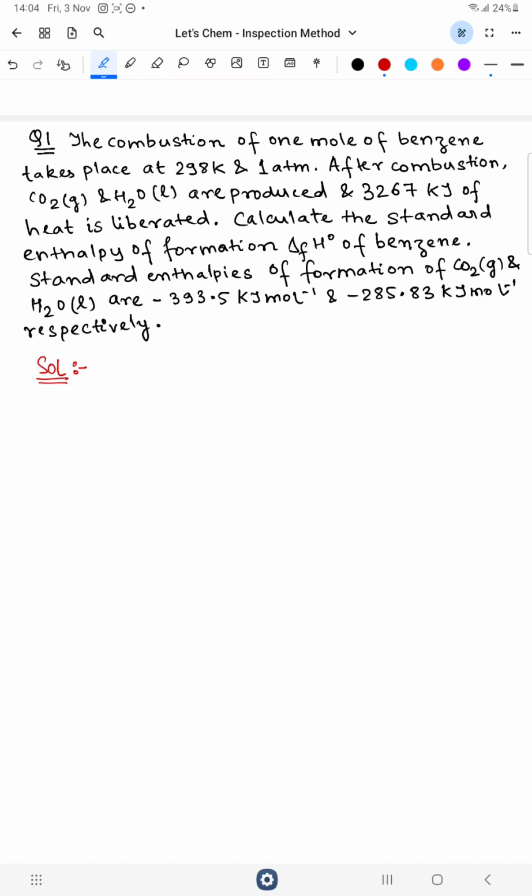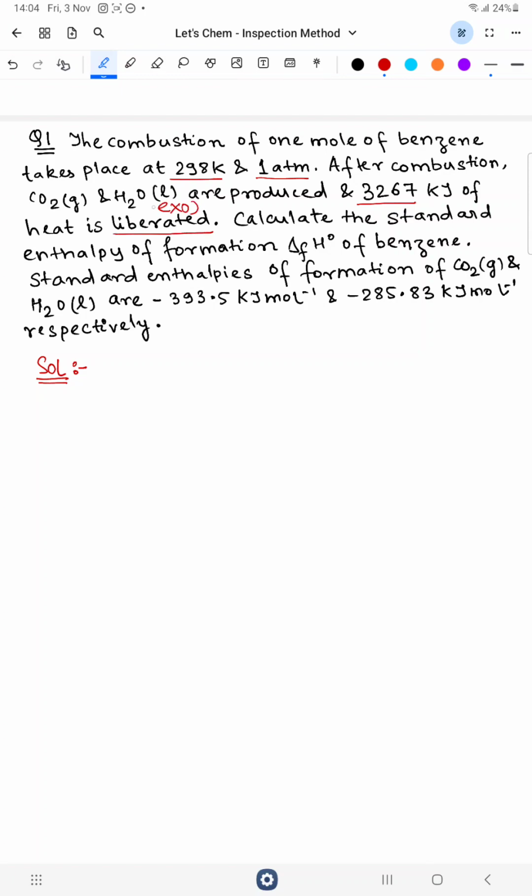This question says that the combustion of 1 mole of benzene takes place at 298 Kelvin and 1 atmospheric pressure. After combustion, carbon dioxide and H2O are produced and 3,267 kilojoule of heat is liberated.